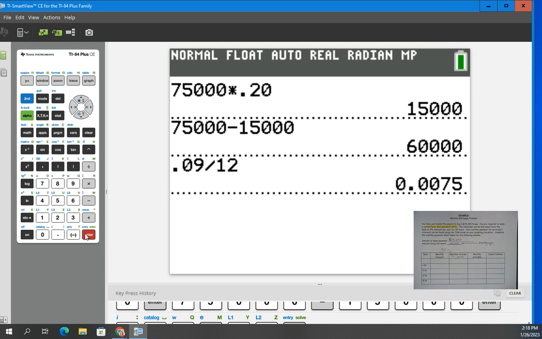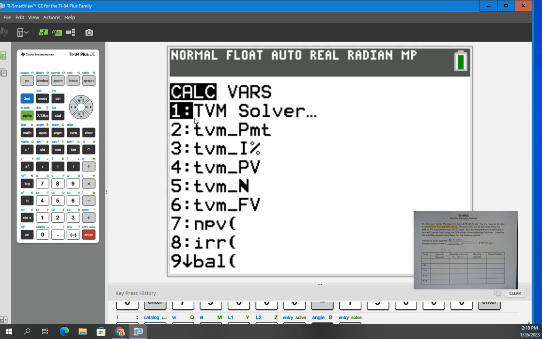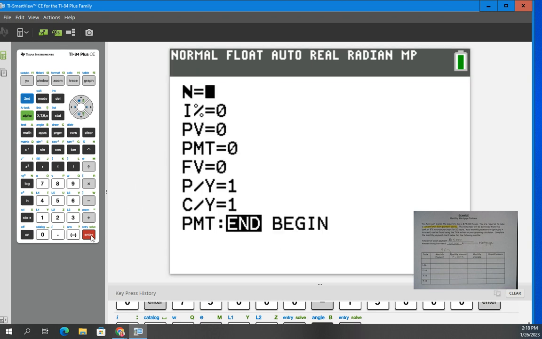So we have to go to our TVM solver. Students in my class, if you're using the blue calculators, you already know how to do that. People that have transferred in from Miss Clark, I think you're familiar with this one. I'm going to model it with this, but you go to the apps button, go to finance, and the very first thing is our TVM solver.